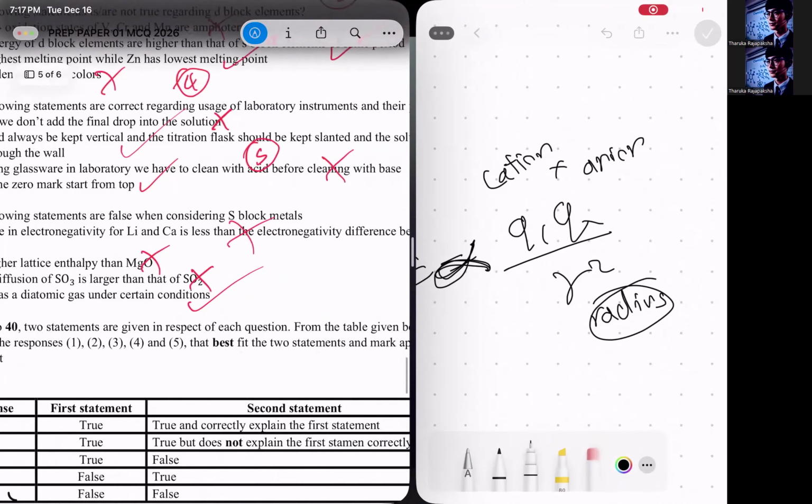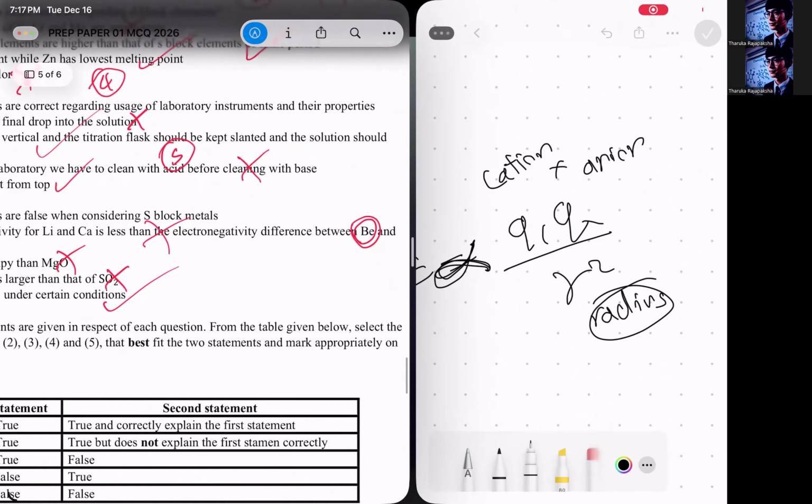People, I forgot this. This is beryllium. I saw this as barium, people. The thing is, beryllium is a covalent element, people. So beryllium is actually 1.5, I think. Lithium is 1. Calcium is 1.